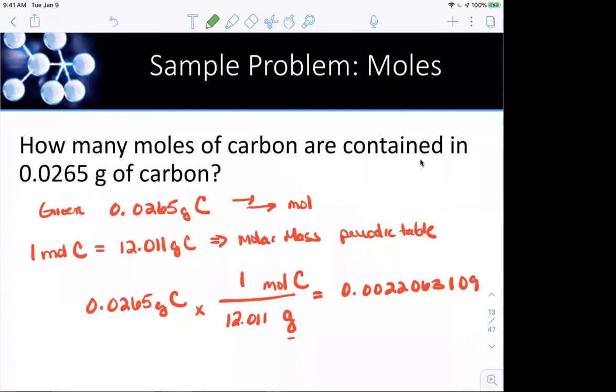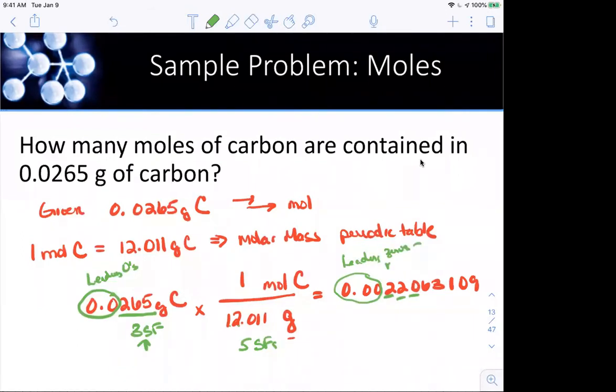How many sig figs do I have? I have 3 sig figs. Remember, these are leading zeros. So 3 sig figs. And I have 5 sig figs. So I'm going to report to 3 sig figs. So that means I'm going to report to there, because again, these are leading zeros and they're not significant. So I'm going to look at this 6.